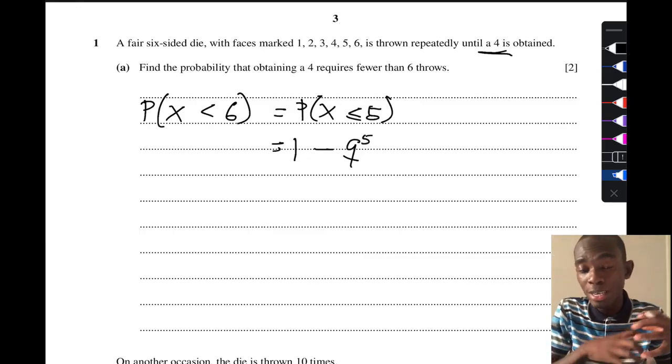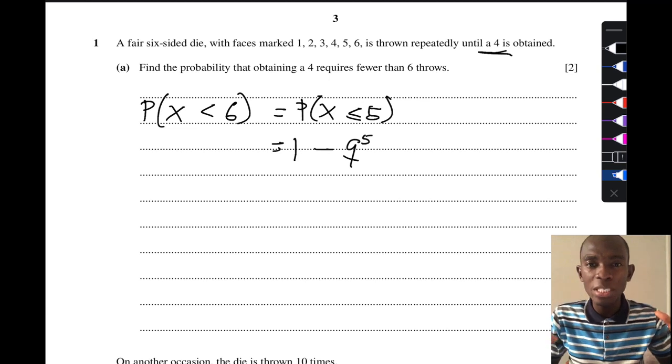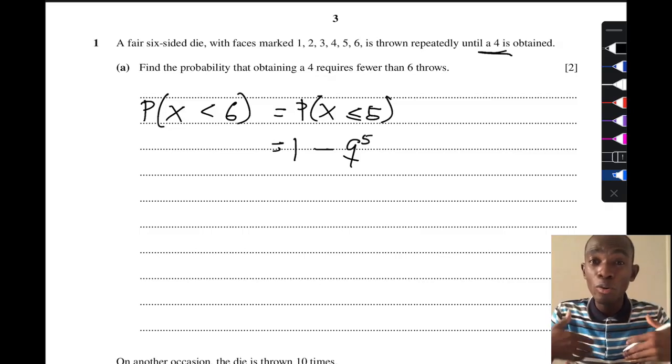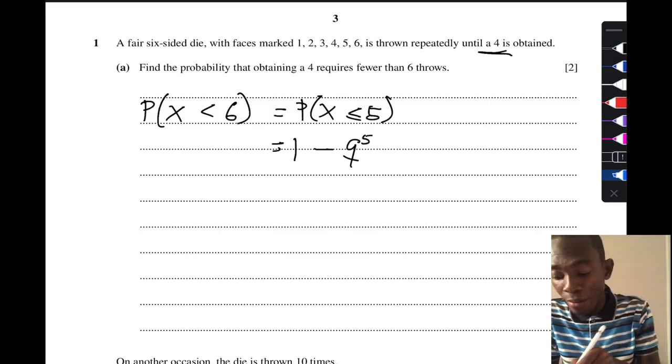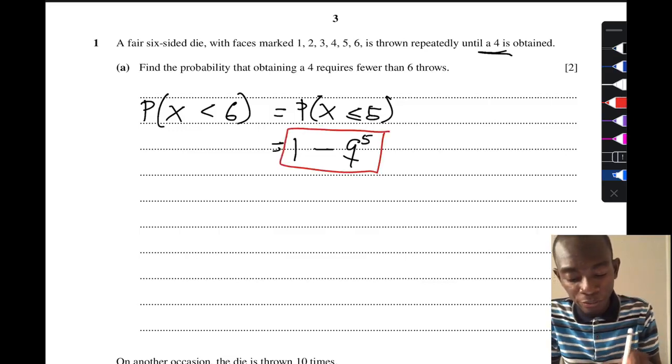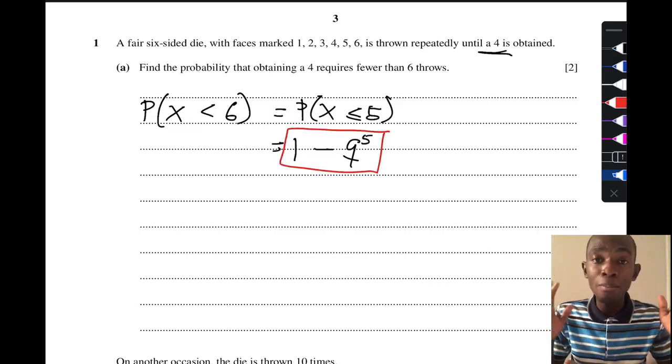When you do this, you capture all the possible situations where the 4 could have been obtained, whether the first, the second, the third, or even the fifth. We don't know when it happened, so it's important to quote this formula, that it must have happened within this range.